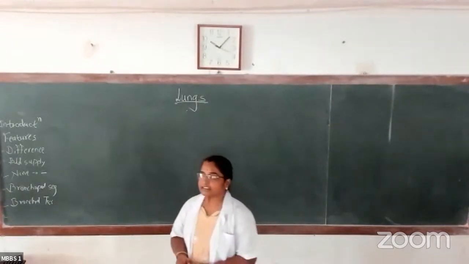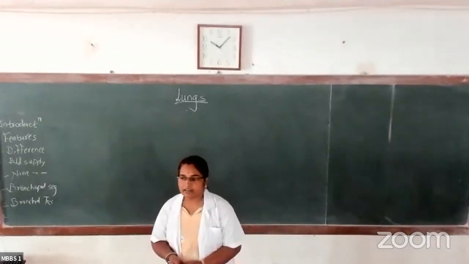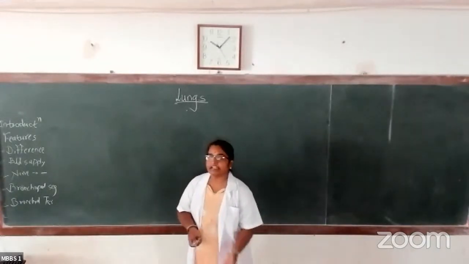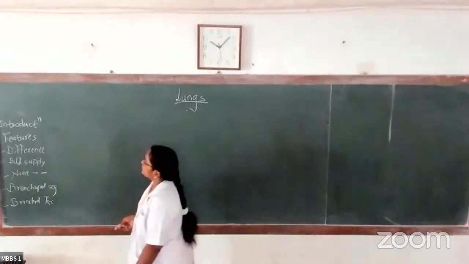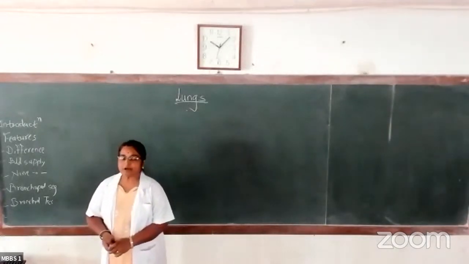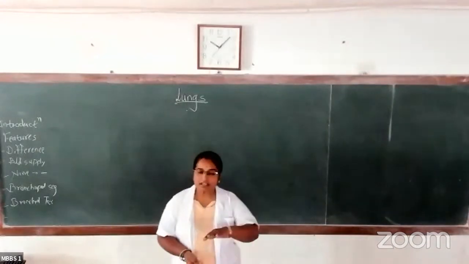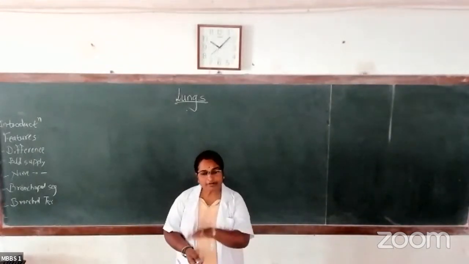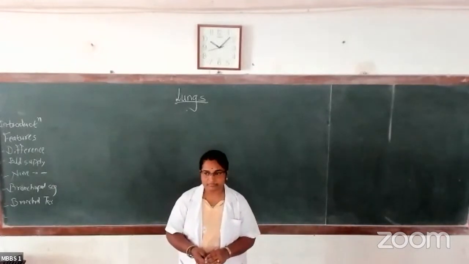And further, it becomes mottled black due to deposition of inhaled carbon particles. Now, the weight of the lungs: the right lung weighs about 700 grams in adults, which is 50 to 100 grams heavier than the left lung. Is it clear?